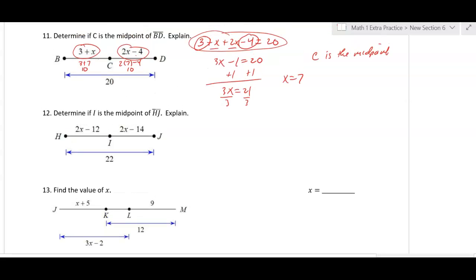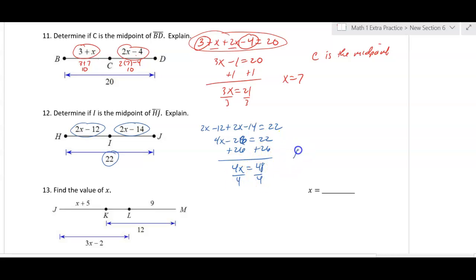Now in the next one, same thing. I can only use what I know is true about this diagram. So I know that these two pieces add up to 22. So when I solve for x, 4x equals 48.